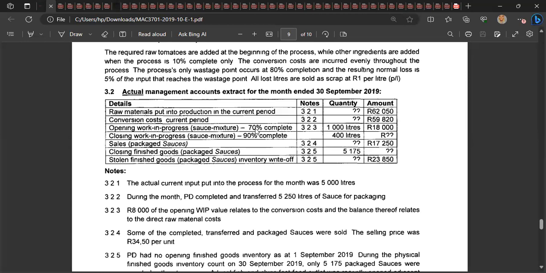So I was saying here, opening work in progress, it means we bought these things last year, and last month, and we started working on the production of this tomato sauce from last month. At the end of last month, it was 70% to completion.